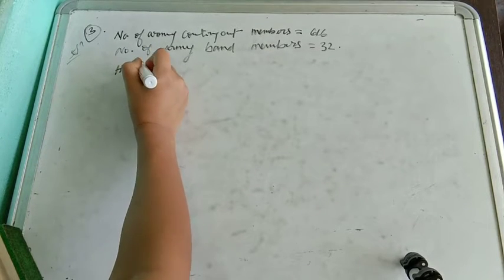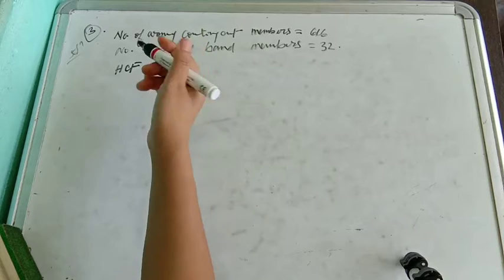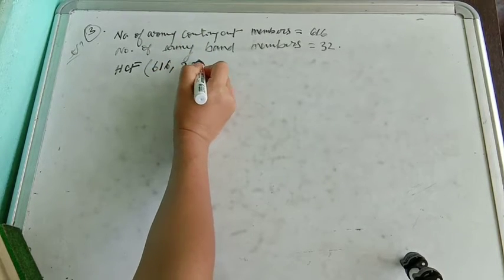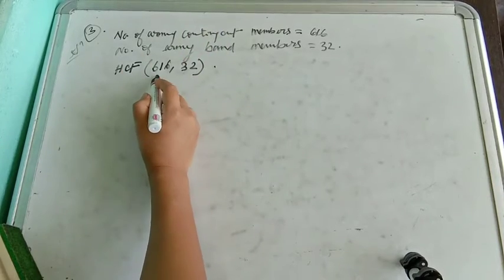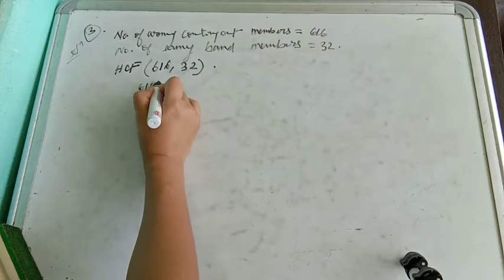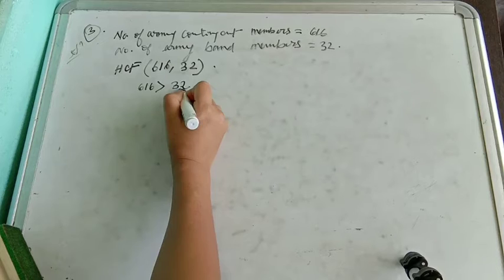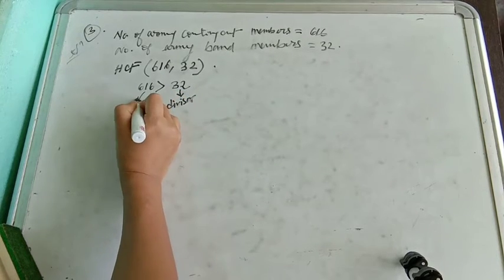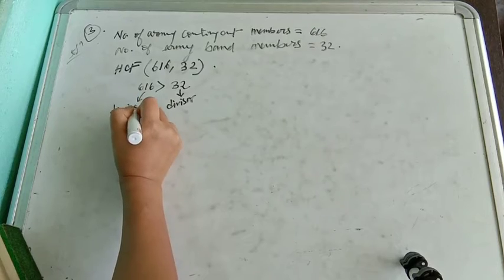So let us find out the HCF of 616 and 32. Here 616 is the dividend because it is the bigger number, and 32 is the divisor because it is the smaller number.